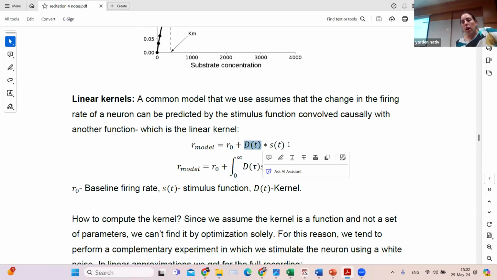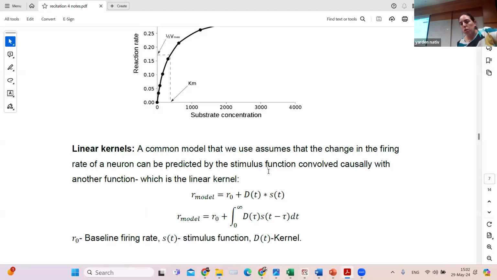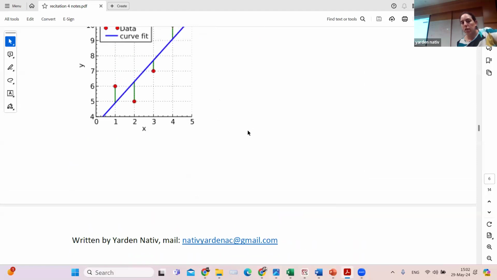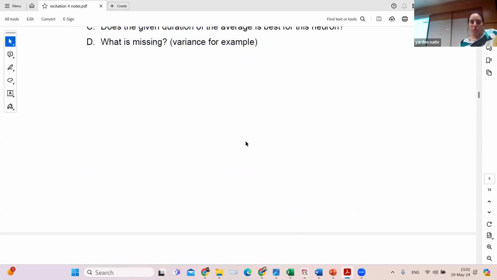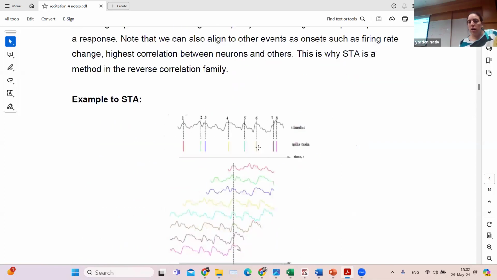So I want to remind you that in the STA, I told you and nobody asked me, and I'm a bit curious about that. How do I decide what to show to the neuron? Okay, so I have this continuous stimulus.